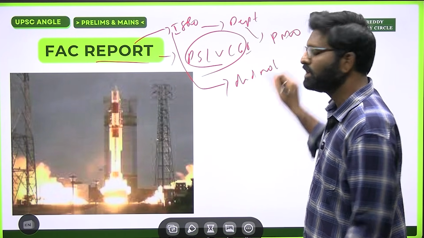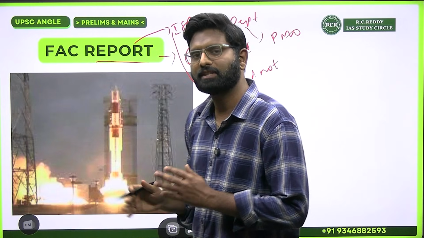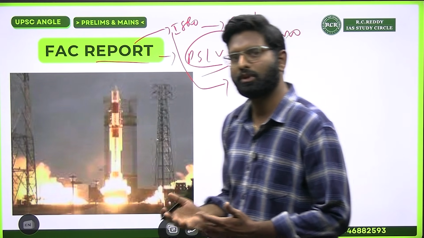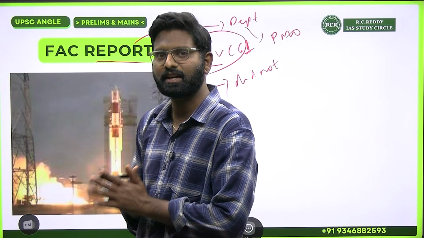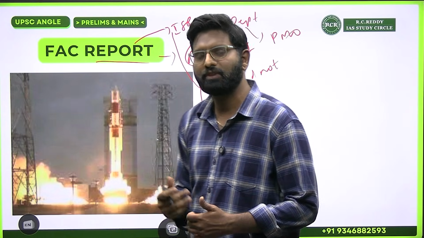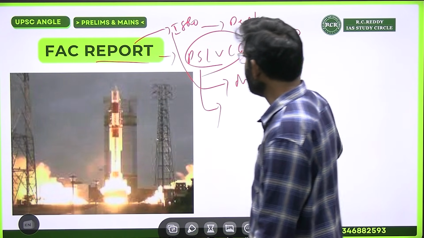Because of this, we could not know the main reason for the failure of PSLV C61. If we had known the reason, we would have made certain changes because intense scrutiny would have been done. But this has not been made public.